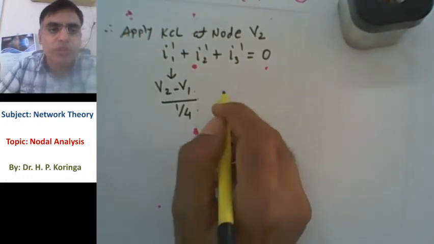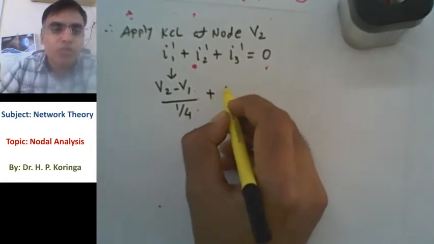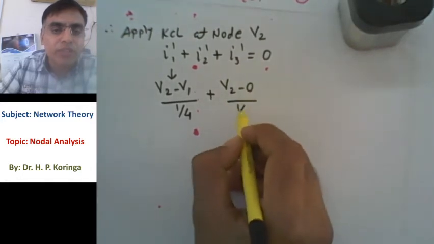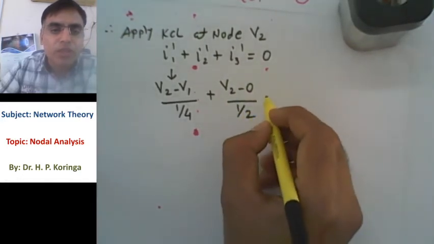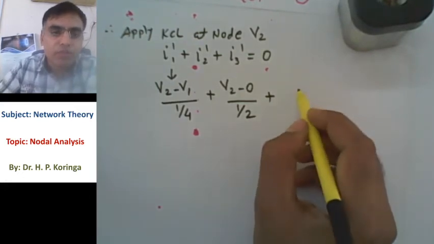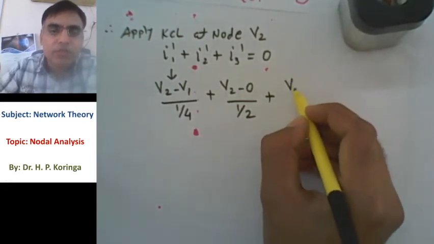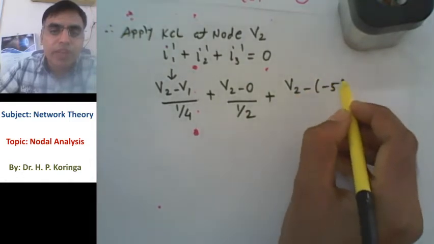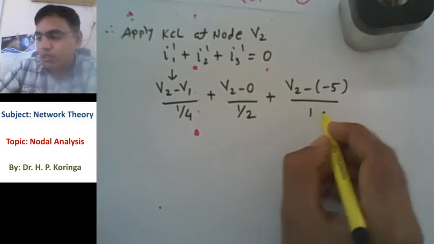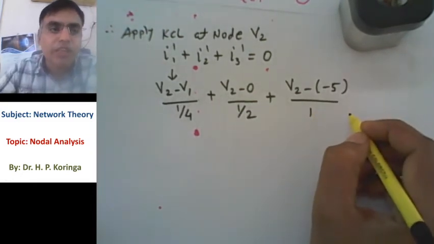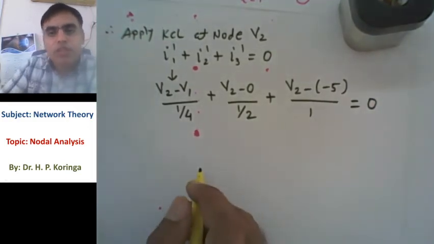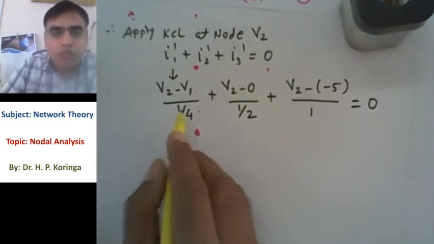I2 dash is (V2 minus 0) divided by the 1/2 ohm resistance between V2 and the reference. And I3 is (V2 minus 5) divided by the 1 ohm resistance between V2 and the minus 5 volt node, and the sum is equal to 0. So let's simplify it.